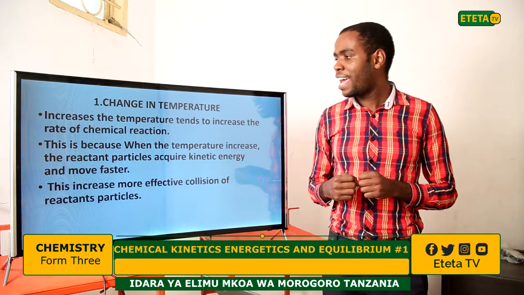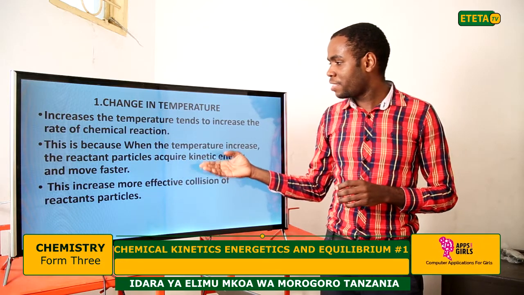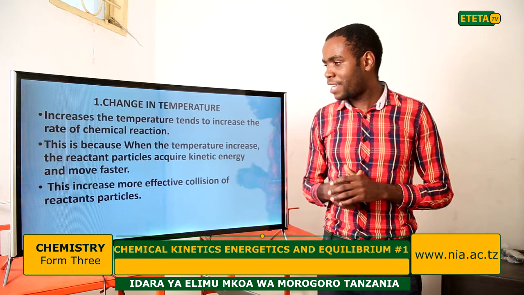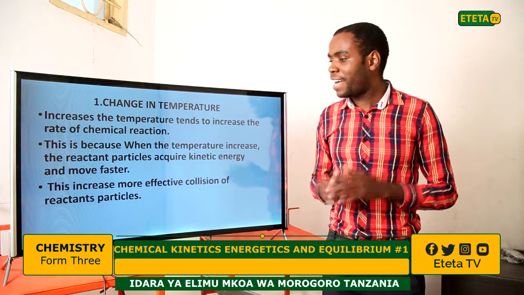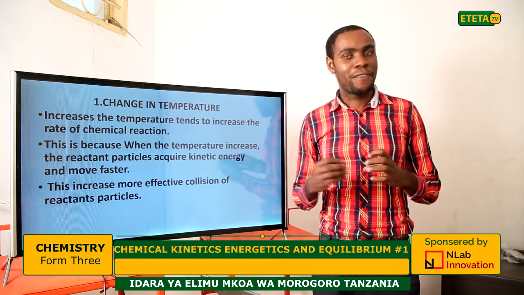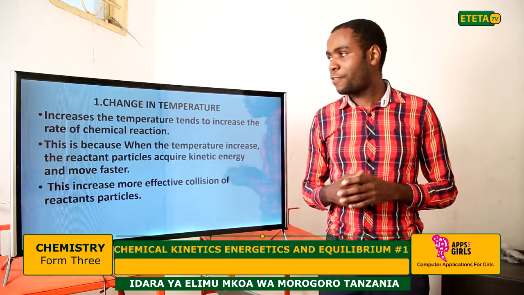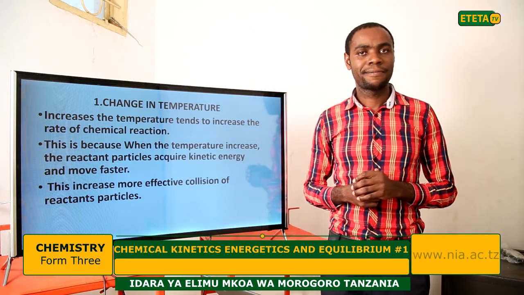As they move faster due to the kinetic energy acquired from the high temperature, the effective collisions between reactant particles will increase. And for that reason, the rate of chemical reaction will increase.